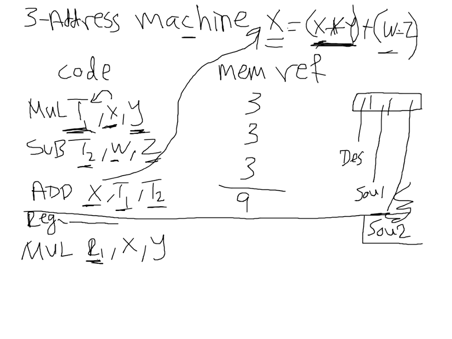How many times do we access the memory this time? Twice, for X and Y. We don't need to access R because it's already in the CPU. So we reduce the memory references by 1.